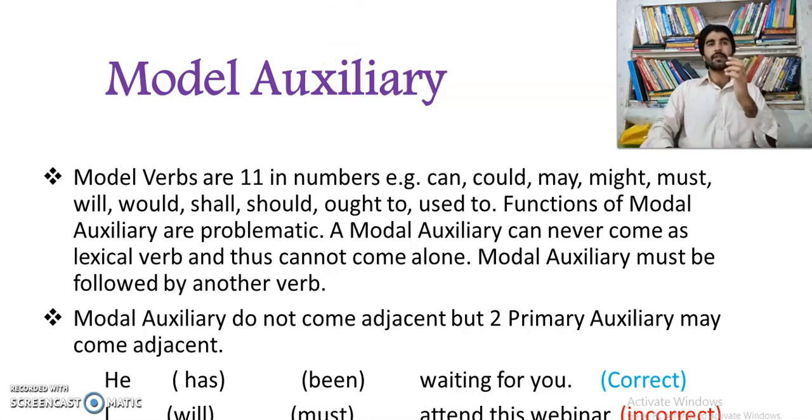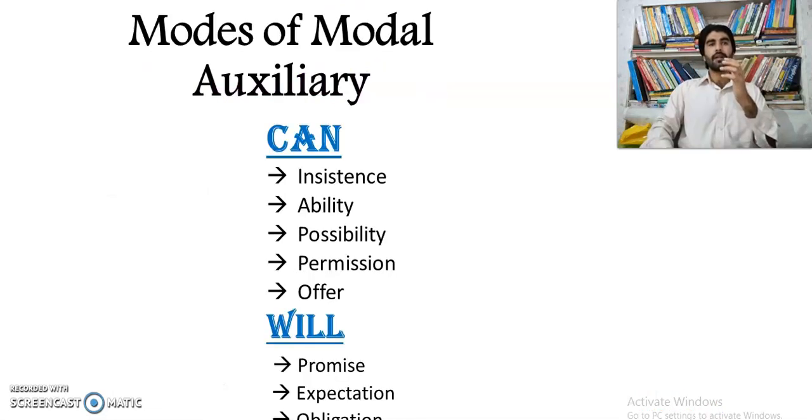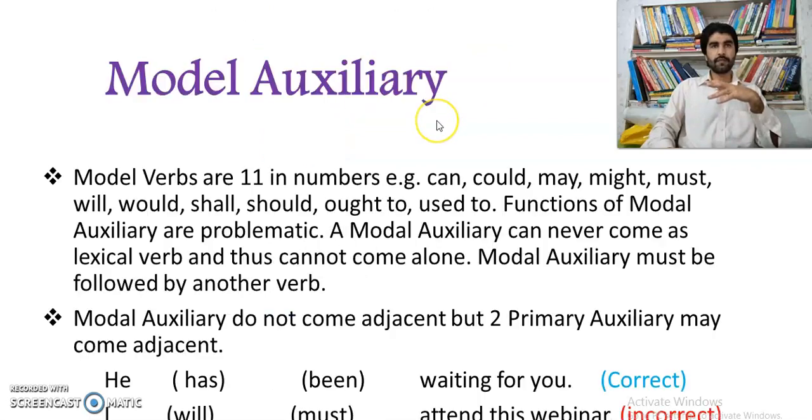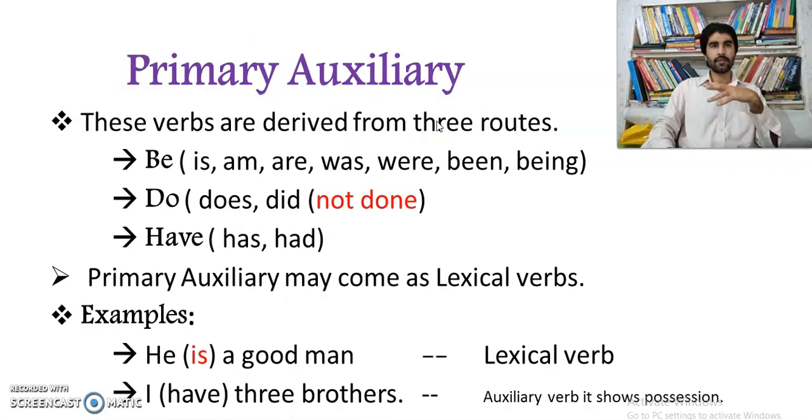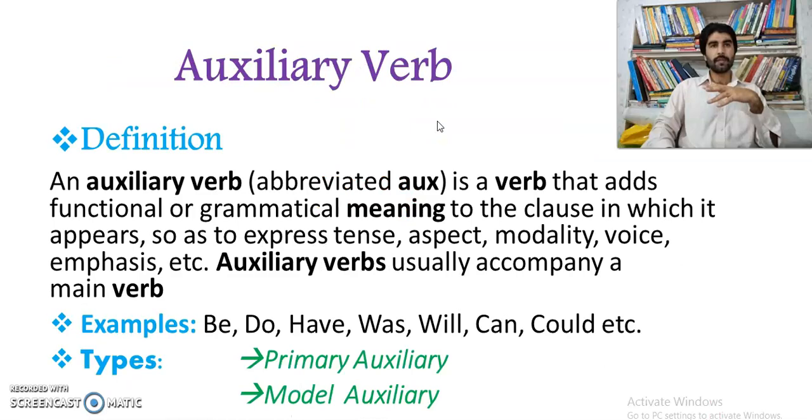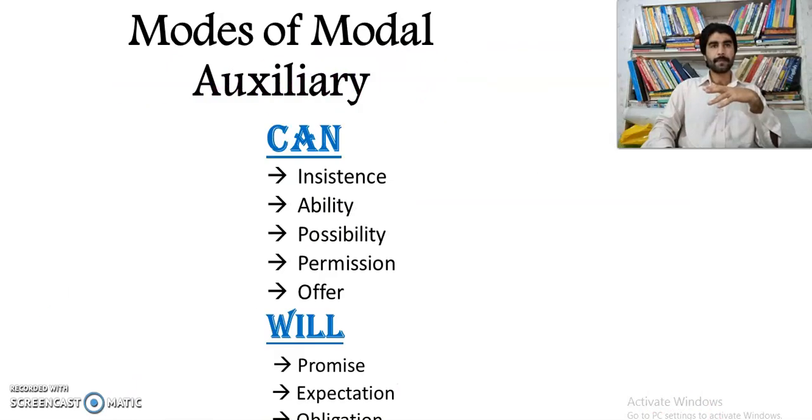Here we are going to see the use of modes of modal verbs. We have different modes of modal auxiliary, that is, how they are used in different situations. We will be seeing this here. Modes of modal auxiliary.